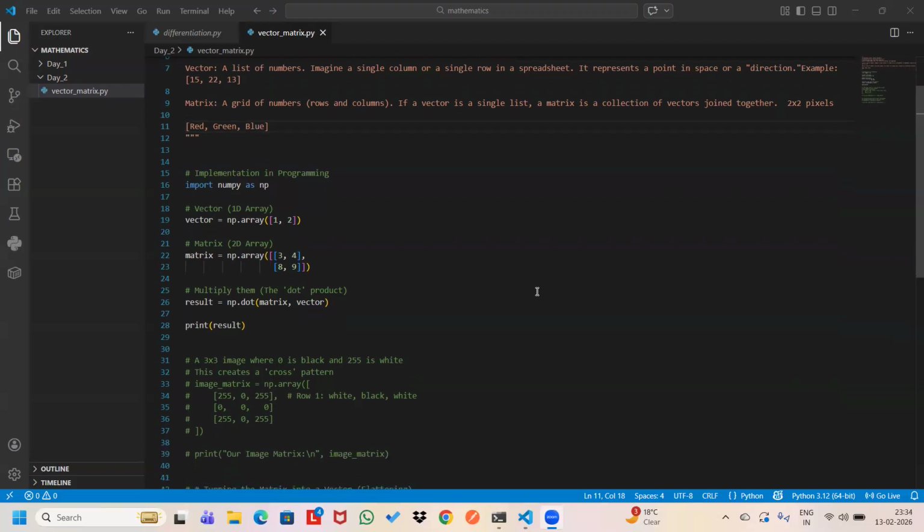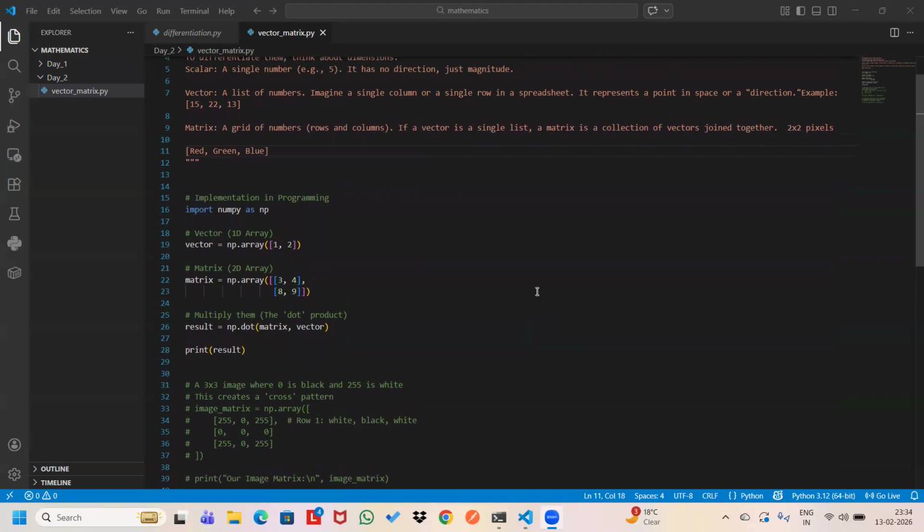There is a very important line here. If the vector is a question, and this matrix is the rules of the world, then if you multiply this matrix with this vector, you will get your answer.